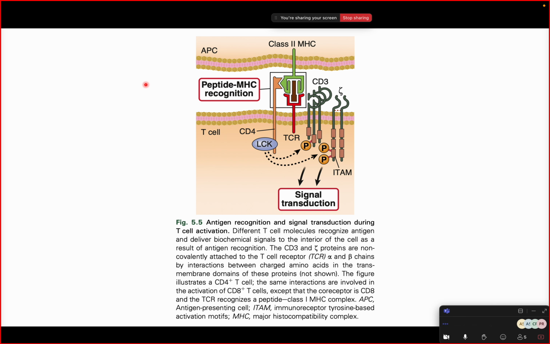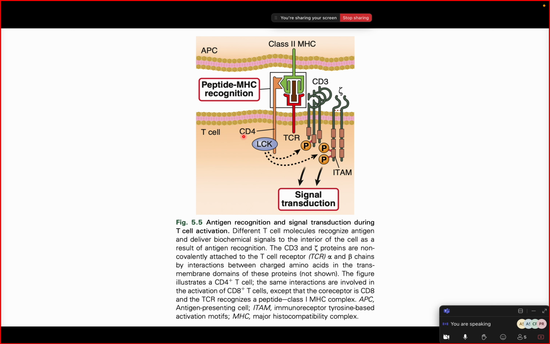In downstream cell signaling, once the APC shows the pathogen, this is the peptide of that pathogen, right? And the proper interactions have been made, then these interactions will lead to the downstream signaling, depending upon the type of receptor or signal they receive.